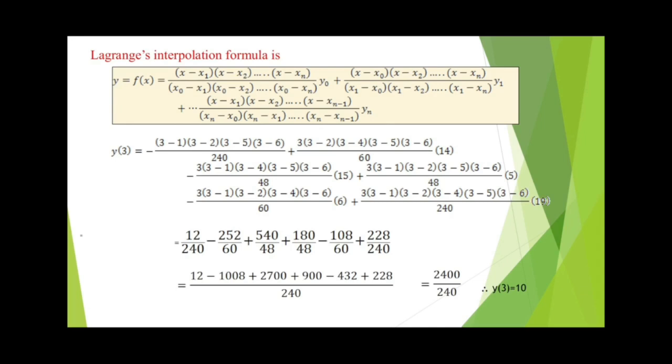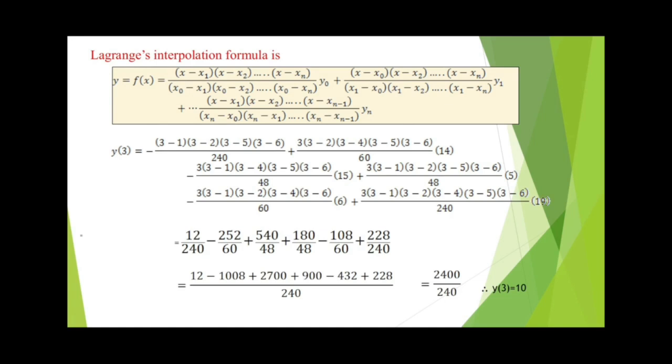Now let me explain how this calculation is done using Lagrange's interpolation formula. First, you can see the general Lagrange's interpolation formula at the top of the slide. We use this formula to estimate the value of a function at a point that lies between the given data points. In this example, we need to find the value of y when x is equal to 3. The first step is to substitute x equal to 3 into the Lagrange's formula. As you can see, the formula consists of 6 terms because we have 6 known data points.